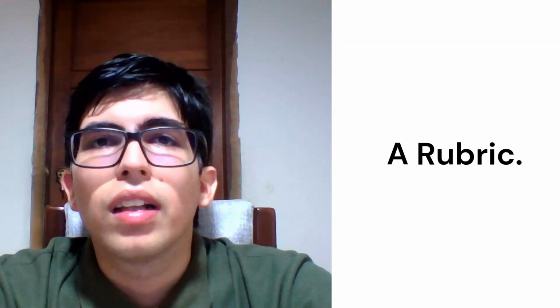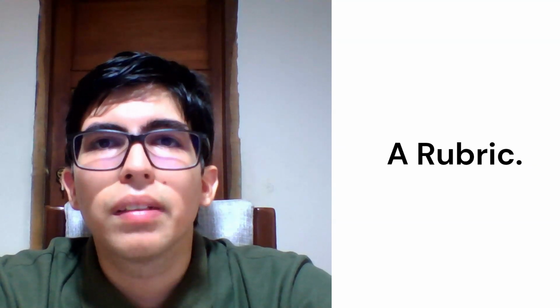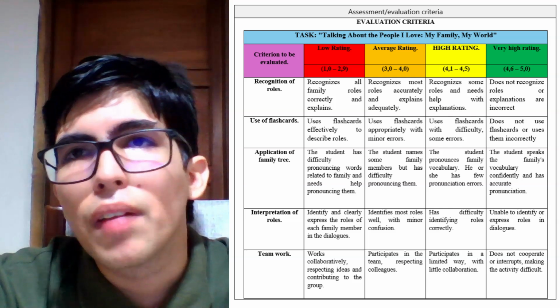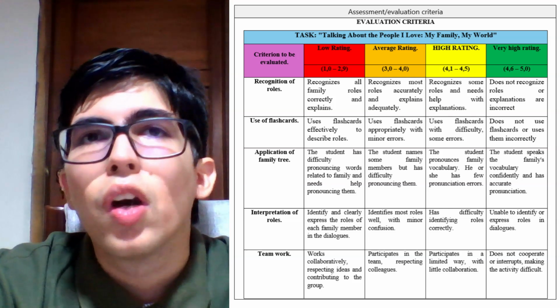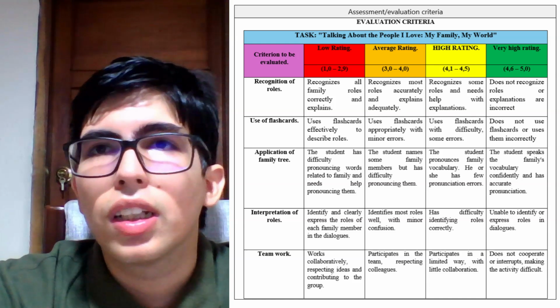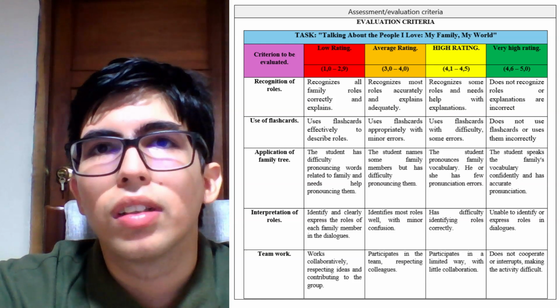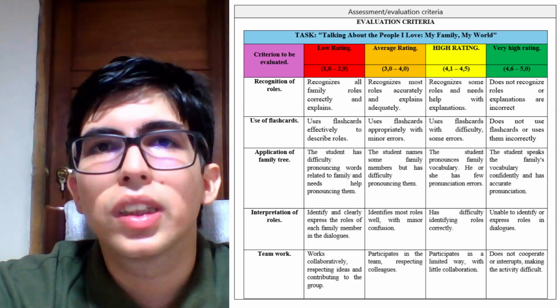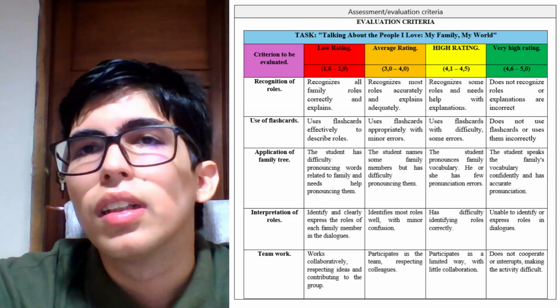A rubric was designed that assesses students, considering role recognition, use of flashcards, family tree application, role-playing, and teamwork. During class, formative observations will be conducted and evidence will be collected continuously.